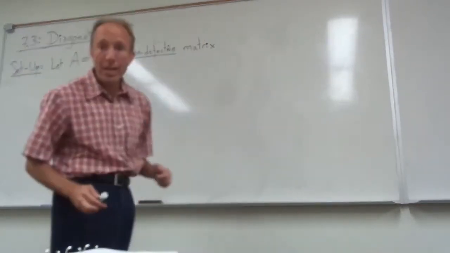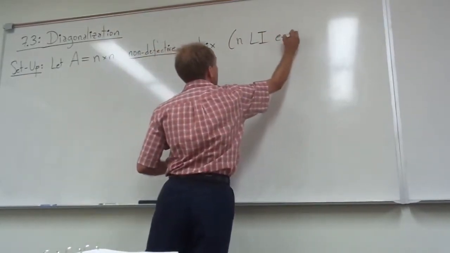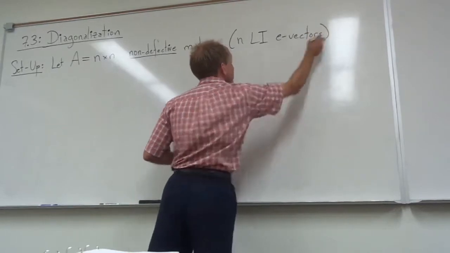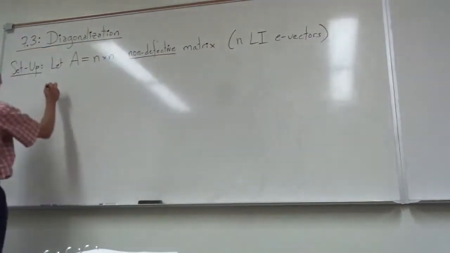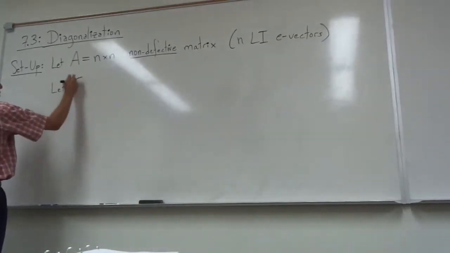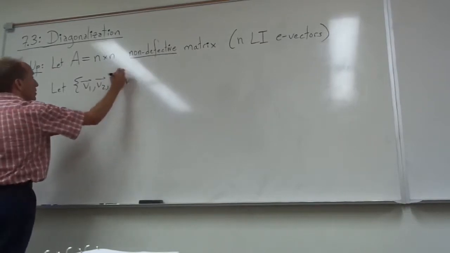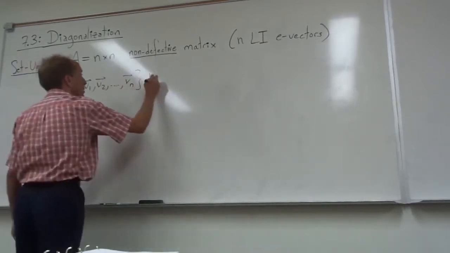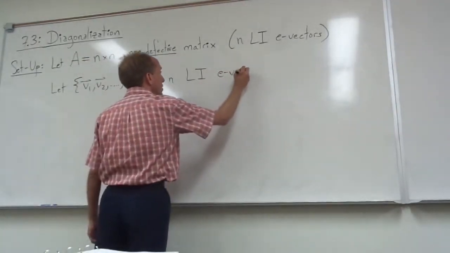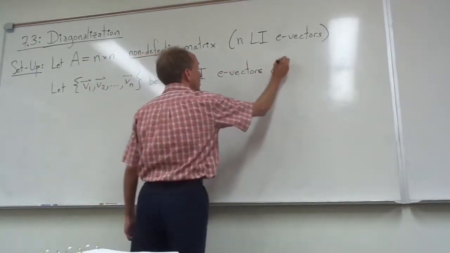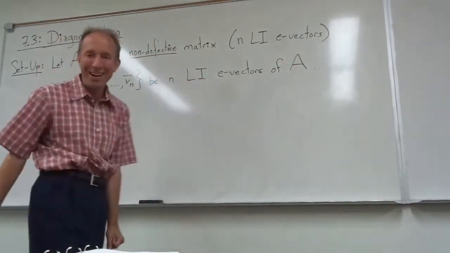Remember what that means. That just means that we have n linearly independent eigenvectors. So let's write them down and get some notation going. Let v1, v2, up to vn be n linearly independent eigenvectors of the matrix capital A. That's what it means to be non-defective.